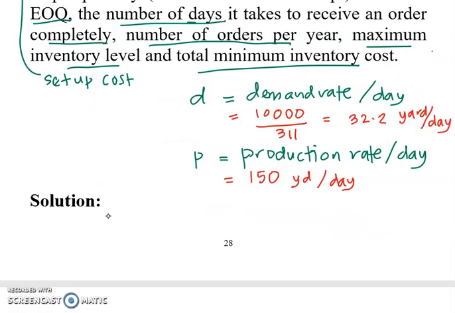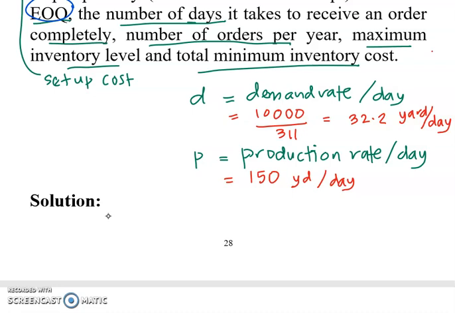Now to answer the question, the first one asks what is the EOQ. So EOQ, or economic order quantity, or Q optimal. Since this is an example for non-instantaneous receipt, the formula is slightly different.